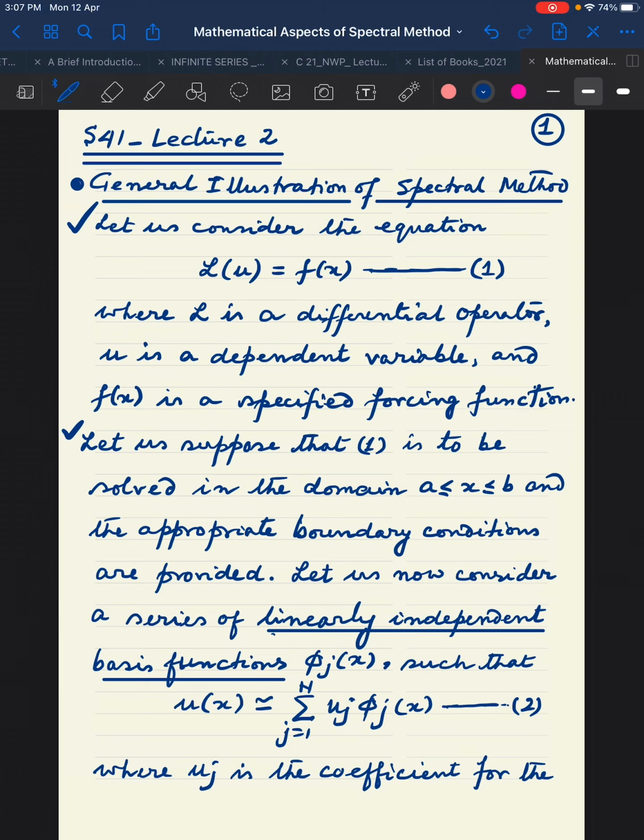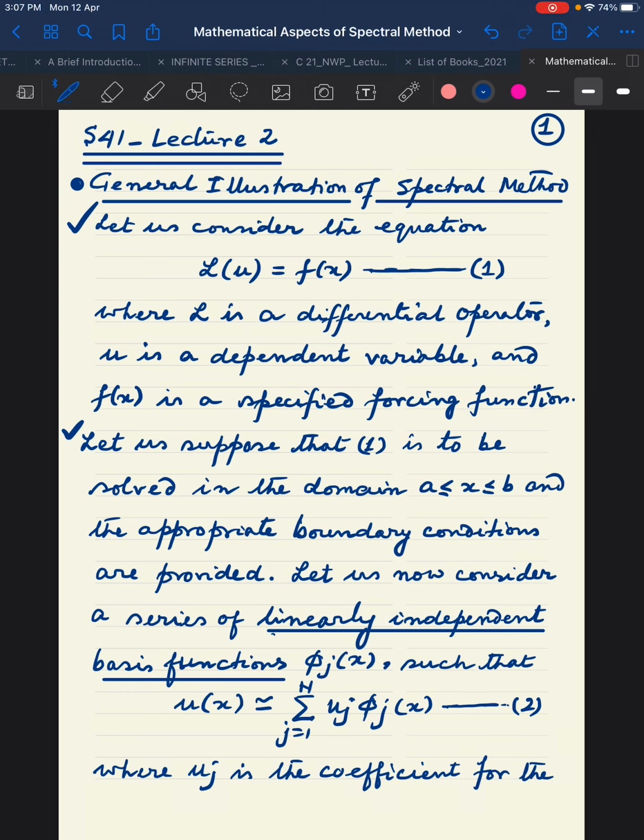In 2, we have taken the approximate form of u(x). So finally what happens, phi j(x) we have chosen. So if we can find u_j and take the sum over j equal to 1 to n, we can get u(x) from 2. So our main objective was to find u, the dependent variable.